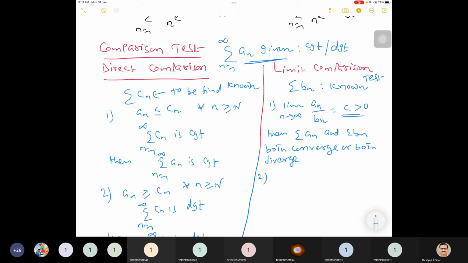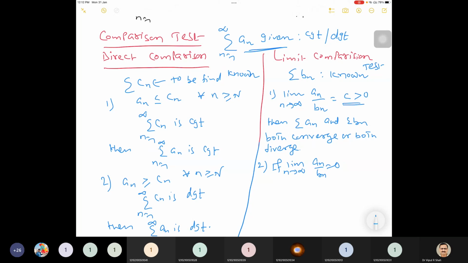Now, if this limit is supposed to be 0, so if limit n tends to infinity an upon bn is 0, then series an is divergent if series bn is divergent. That is, if bn is divergent then an is divergent, but if bn is convergent we cannot say an is convergent if the limit is 0. Similarly, the limit may be infinity.